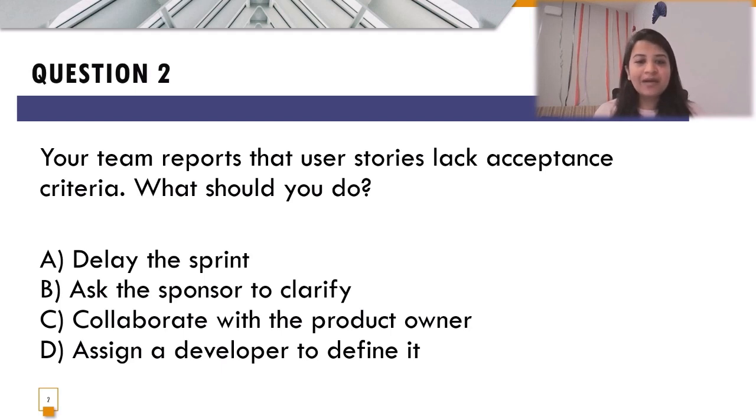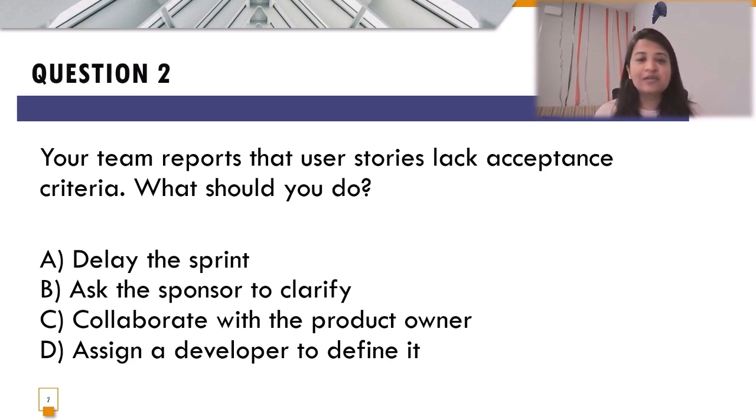Remember, PMI promotes collaboration within the team and across different roles. It's the product owner's responsibility to define the acceptance criteria with input from the development team. So the correct answer here would be to collaborate with the product owner and understand what the acceptance criteria should be. Delaying the sprint is not going to solve this problem.